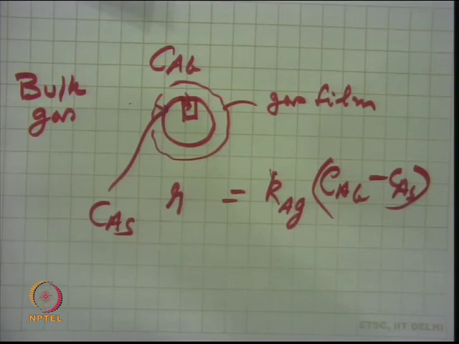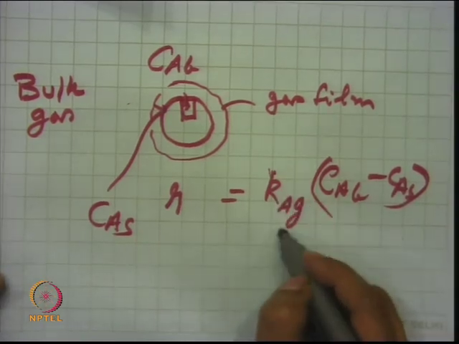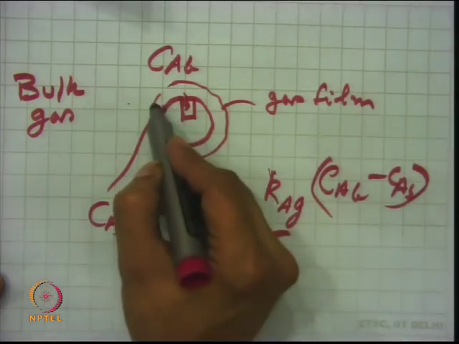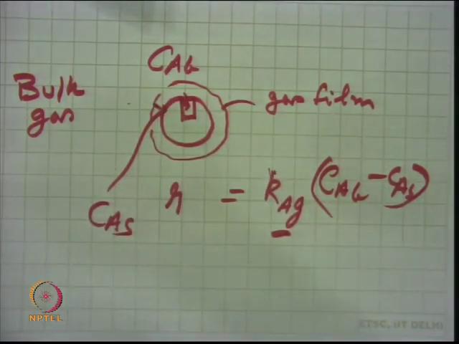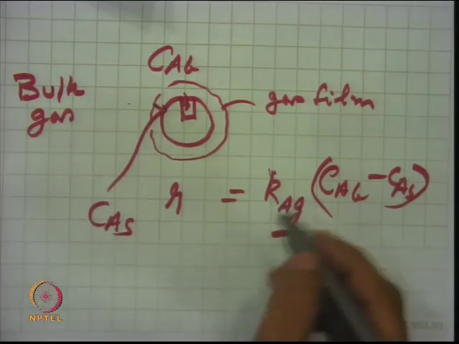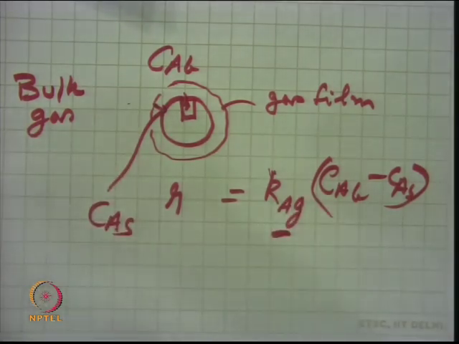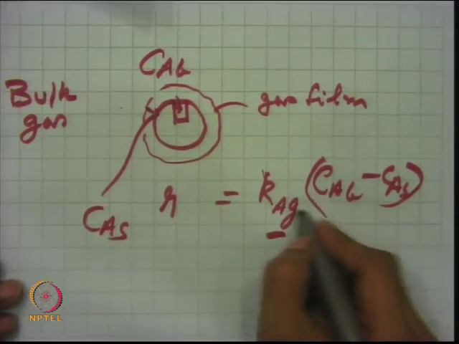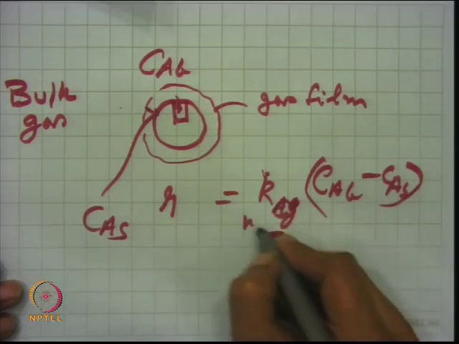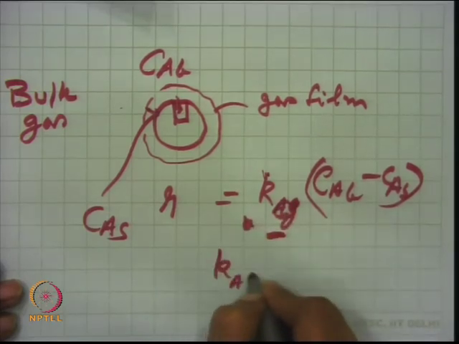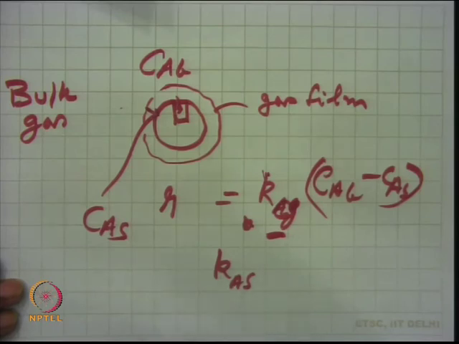When you look at this mass transfer coefficient which I was talking about at the surface of the solid, this is basically the mass transfer coefficient from the liquid to the external surface of the solid. So, sometimes we write the mass transfer coefficient of A as K_AS also. So, that is important, not in the gas phase. That time it becomes K_AS, the mass transfer coefficient at the surface of the solid.